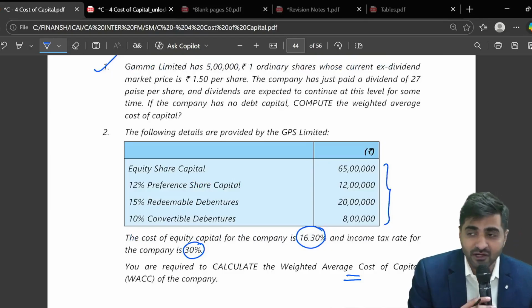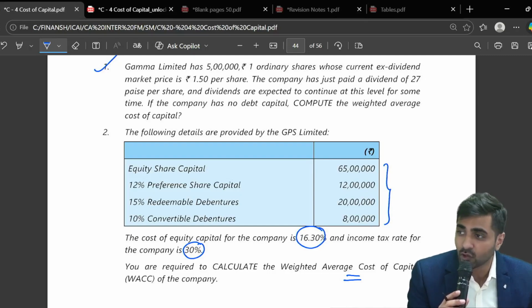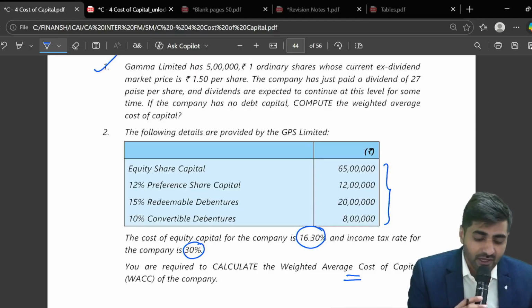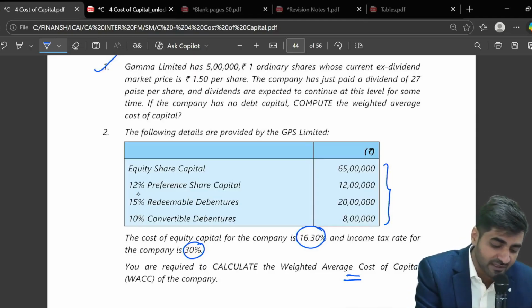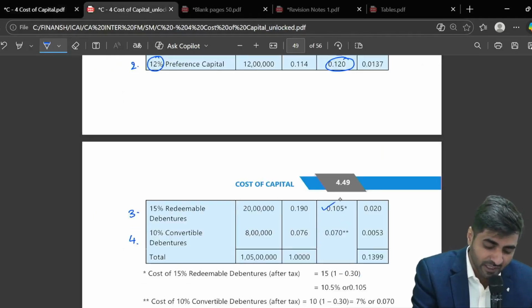So now in this particular case, if the life of the debenture is not given to you, we'll be using irredeemable. Though they have said redeemable, the life is not given to you. So that's why irredeemable debenture. So same concept, we have 15% rate given to you. We can simply take 15% into 1 minus tax rate of 30%. So that will give you nothing but 10.5%.